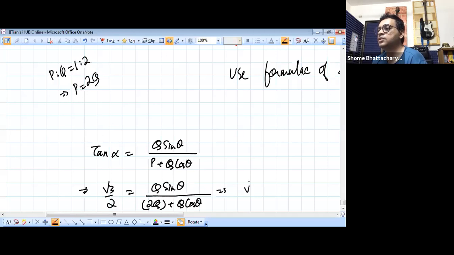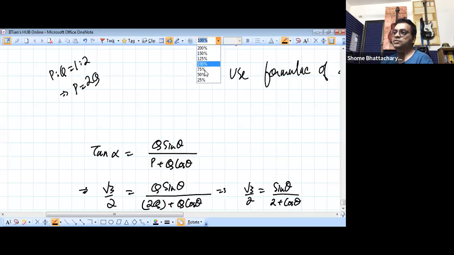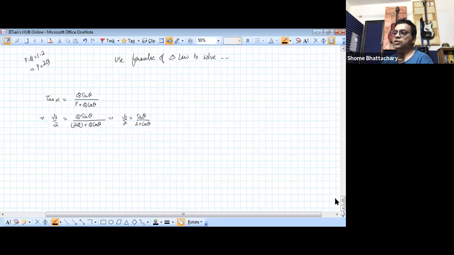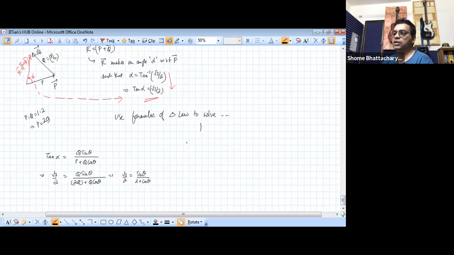So this gives us root 3 by 2 is equal to sin theta upon 2 plus cos theta. From this we will now get the value of theta. This is how we are making use of the triangle law formula.